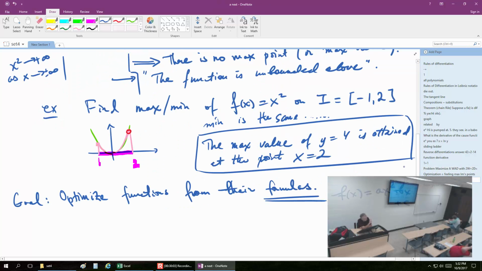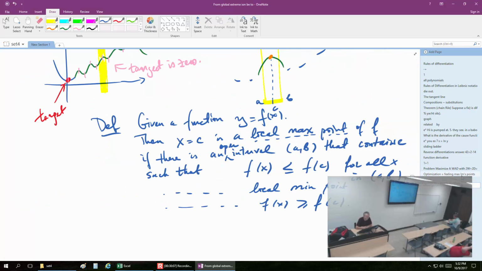As you can see, we cannot speak of its derivative, and the tool for finding these points will be the derivative. And for the function to be differentiable, it has to be defined on an open interval around the point. Okay. So that's the definition of extreme points.